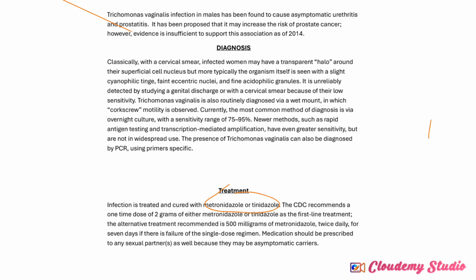If there is failure of the single-dose regimen, medication should be prescribed to any sexual partner as well, because they may be an asymptomatic carrier.